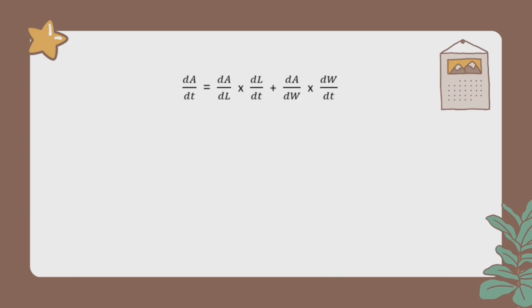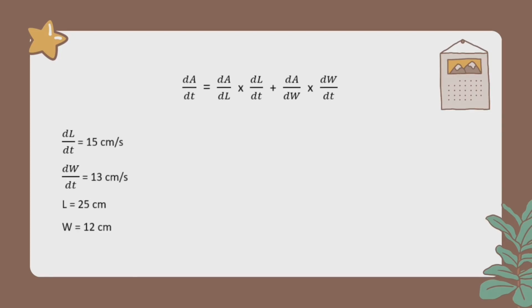In this case, we know that dL over dt equals to 15 cm per second, dW over dt equals to 13 cm per second, L equals to 25 cm and W equals to 12 cm.